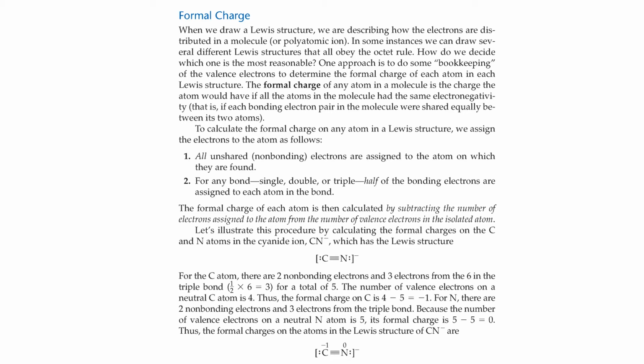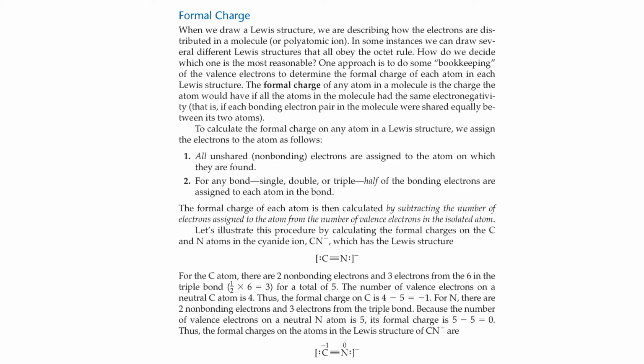Now let's illustrate the procedure by calculating the formal charge on the carbon and nitrogen atoms in the cyanide ion, which has the Lewis structure of a triple bond, CN negative. For the carbon atom, there are 2 nonbonding electrons and 3 electrons from the 6 in the triple bond, for a total of 5. The number of valence electrons on a neutral carbon is 4.